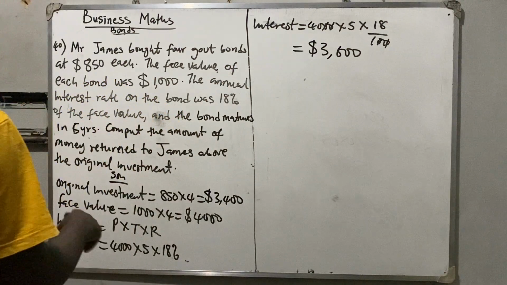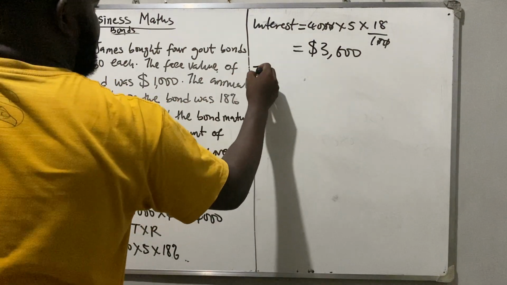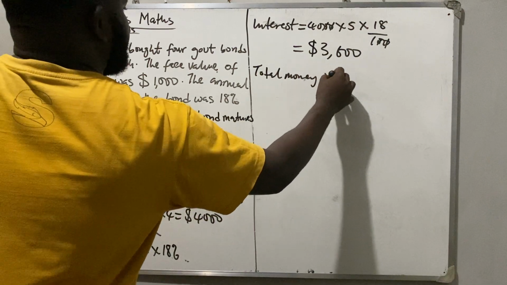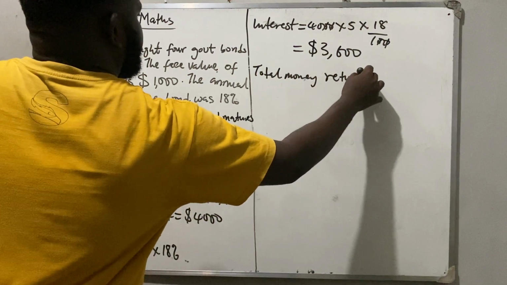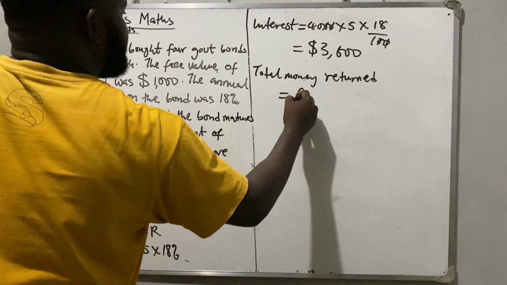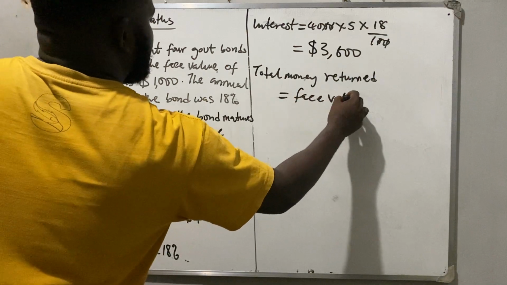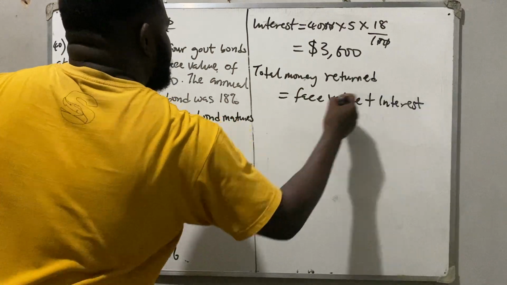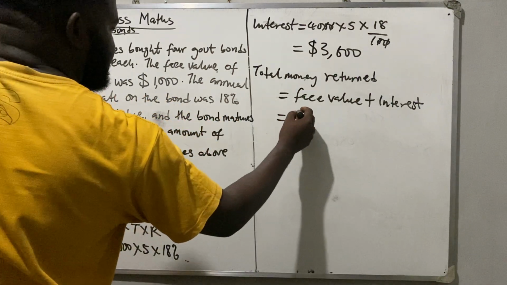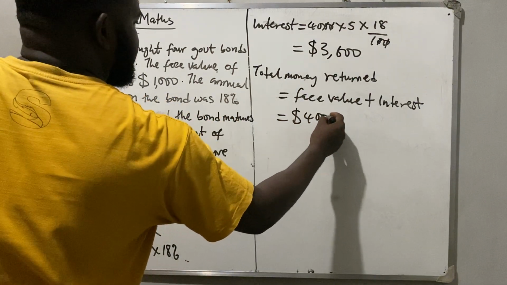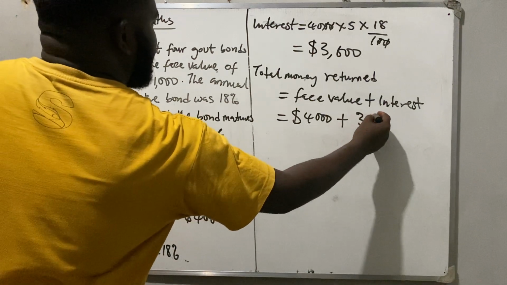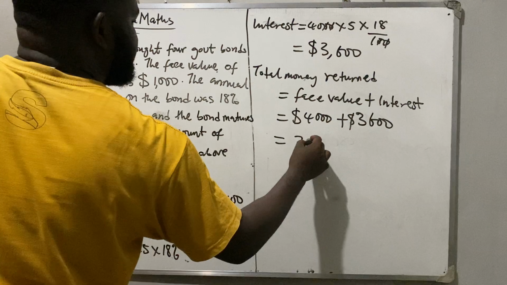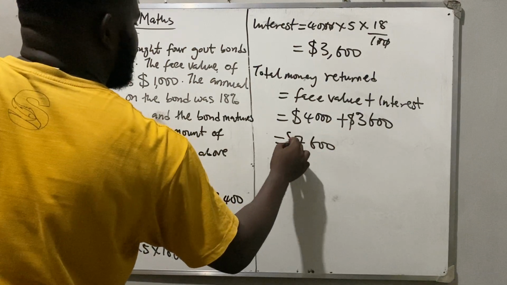Okay, so the total money returned will now be equal to what? Face value plus interest. Face value is 4,000 plus 3,600, which is $7,600.